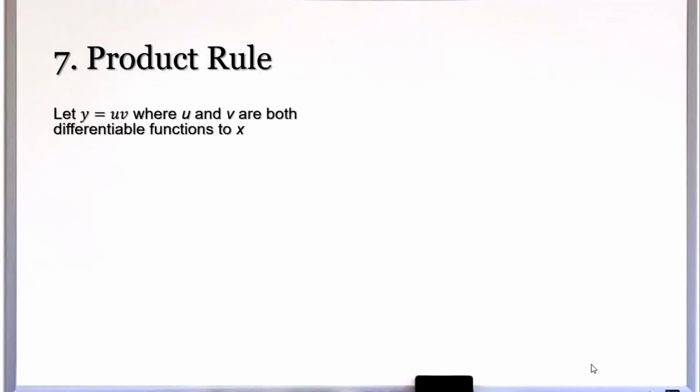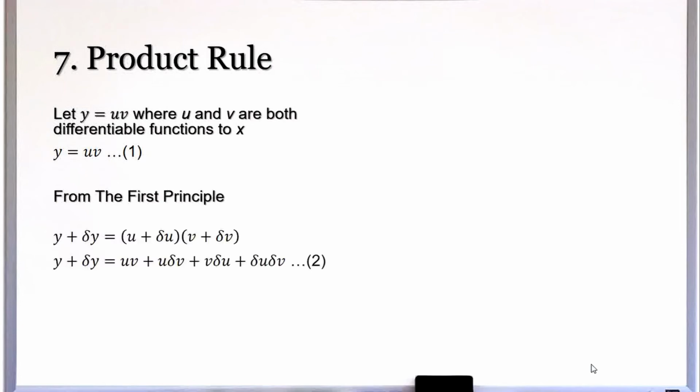We'll let y equal to u times v, where u and v are both differentiable functions of x, meaning u and v both contain x as a variable in the function. So we'll write y equal to uv as equation 1.